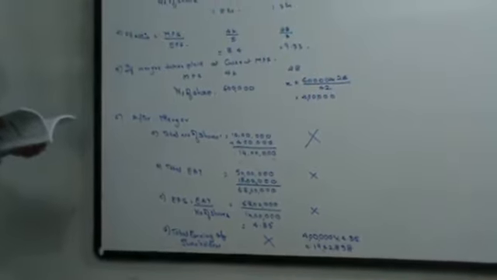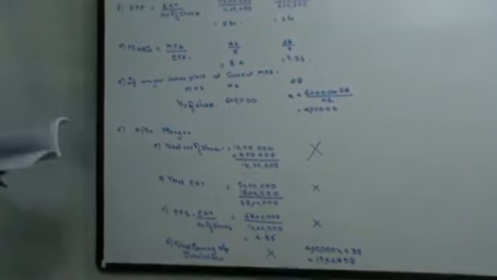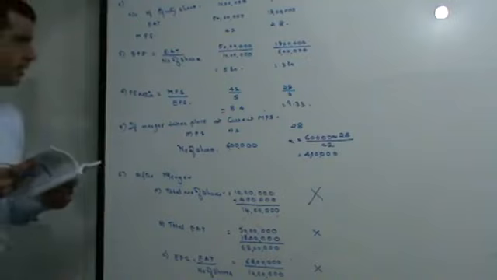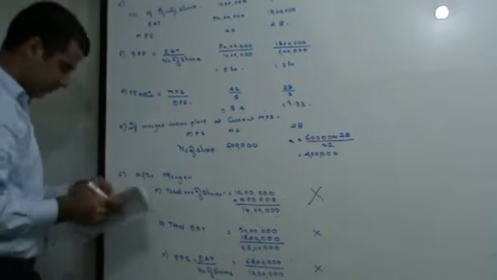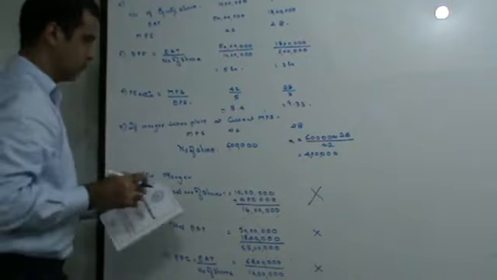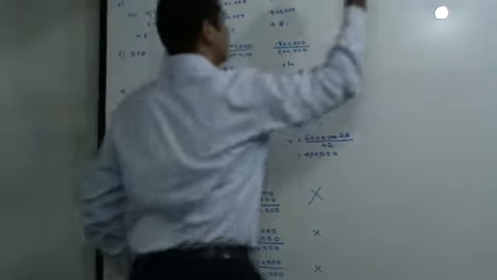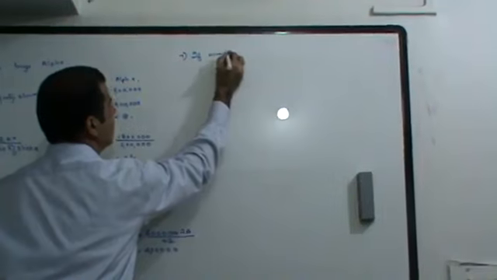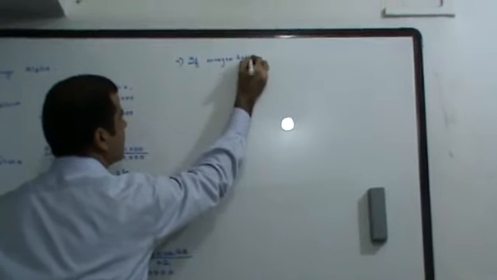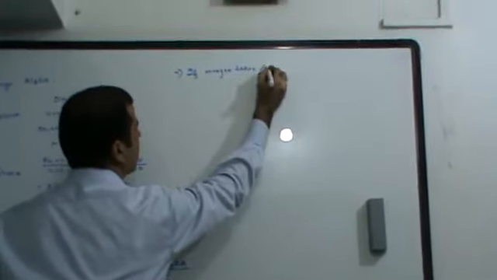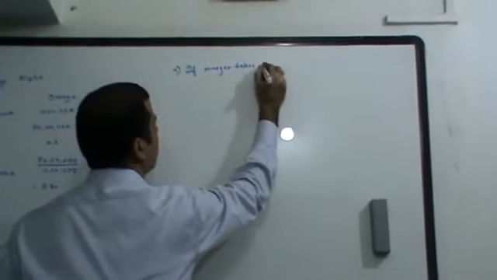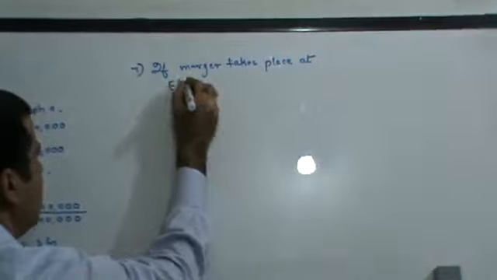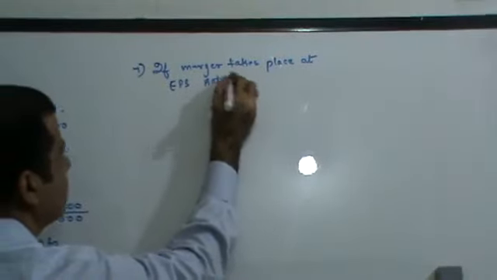What if the merger was to take place in the old exchange ratio? That means if it was to take place in the ratio of EPS. If merger takes place at EPS ratio, right?